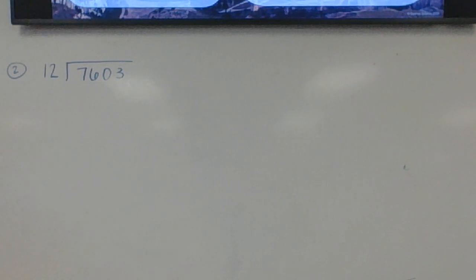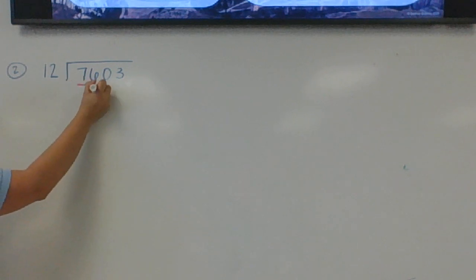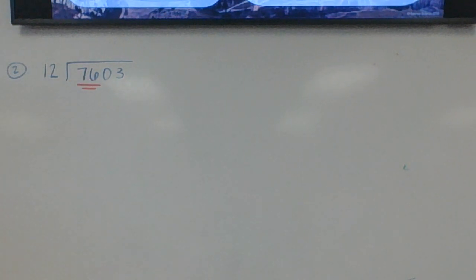Okay, so 12 is a 2-digit number. So when I go to divide, I look at 2 digits of the dividend, and you're welcome to have the calculator out. The process is important because your calculator will not do it if there's variables in here.